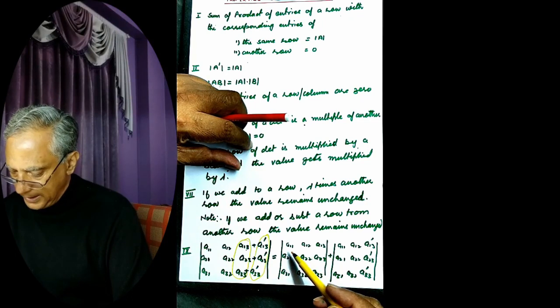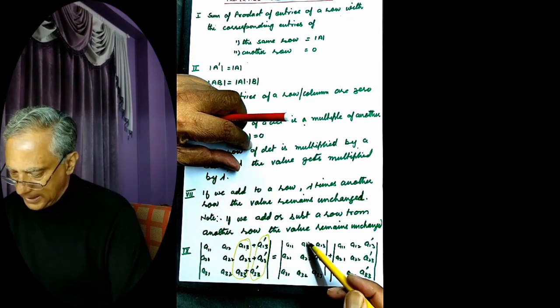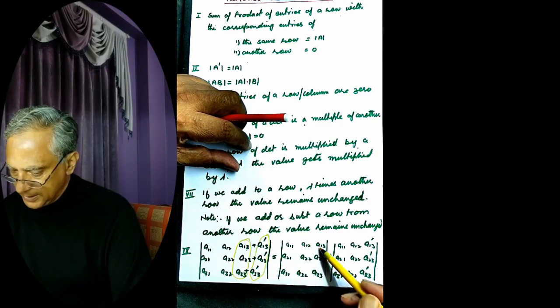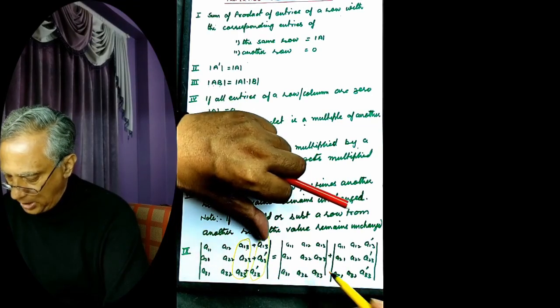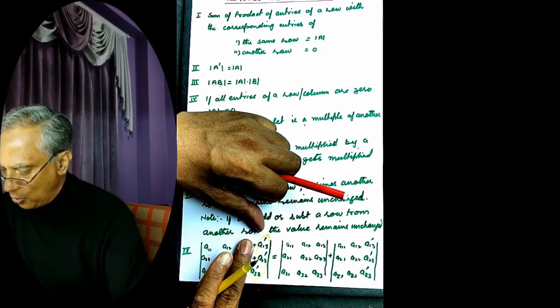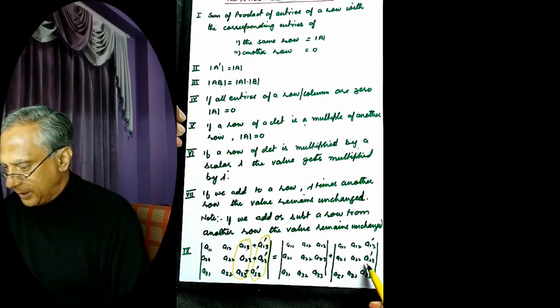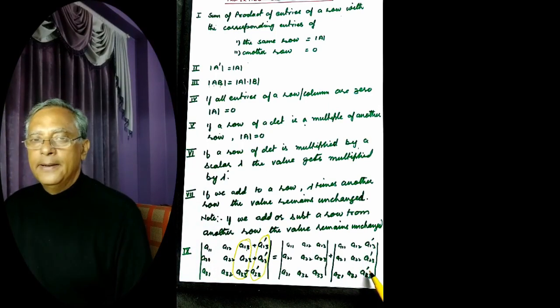You can see here, this is the same as this, and this is the same as this. Now these two are again the same, but in this we are writing only A1 3 dash, A2 3 dash, and A3 3 dash.